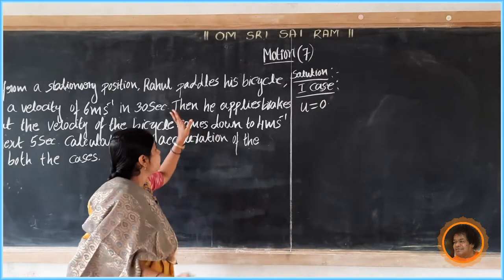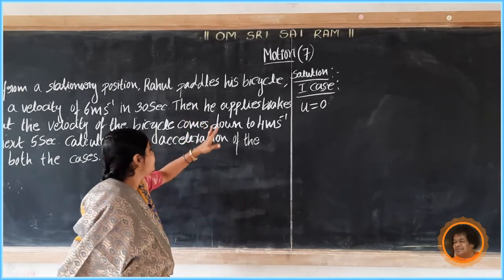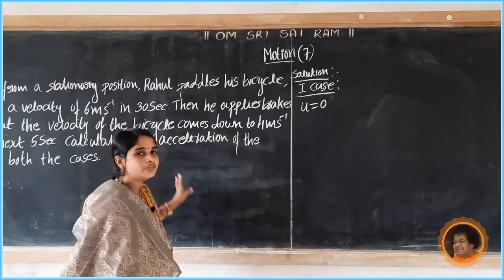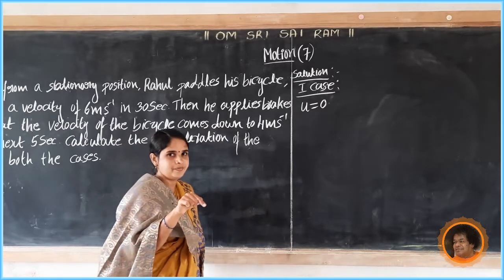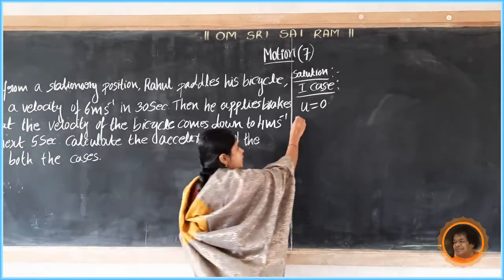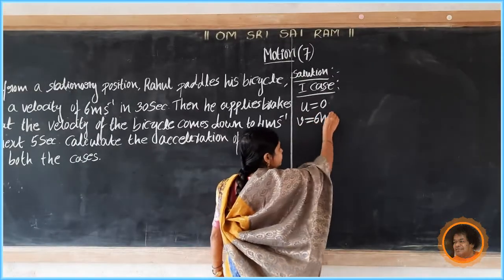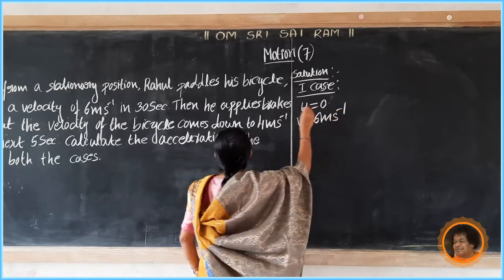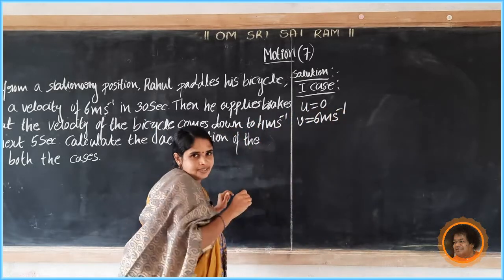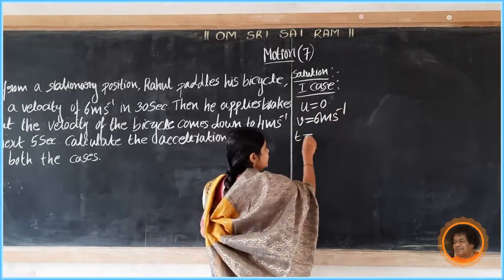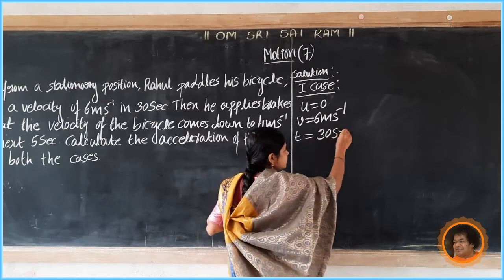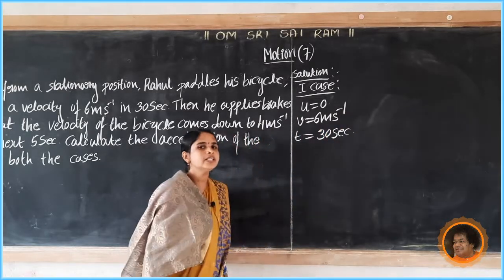Then he pedals his bicycle to attain a velocity of 6 meters per second, which is the final velocity, V equals 6 meters per second, in 30 seconds. So T equals 30 seconds.